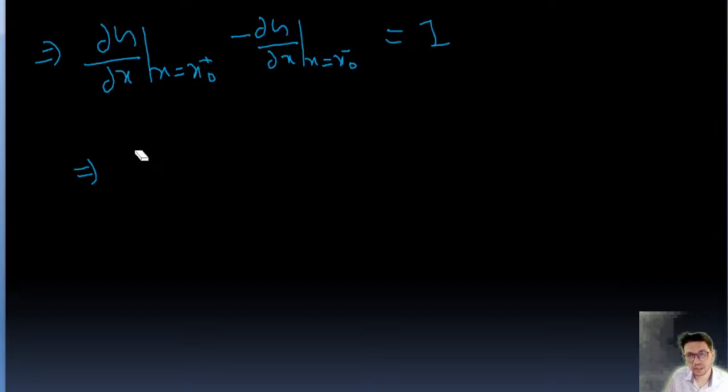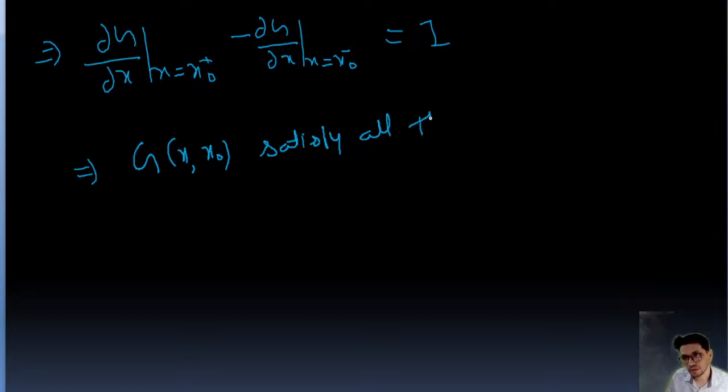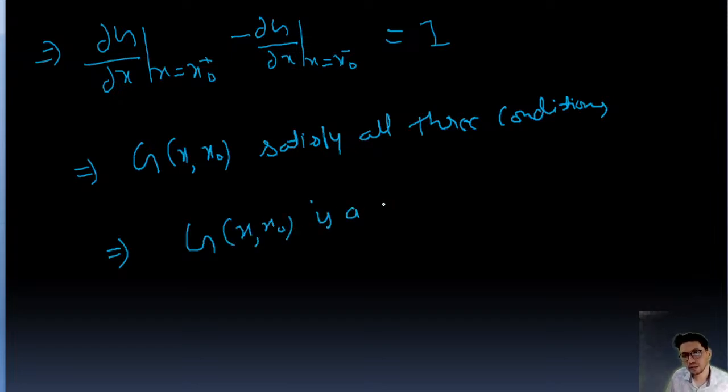So g at x equal to x naught satisfies all three conditions, which implies that it is a Green function and the correct answer.